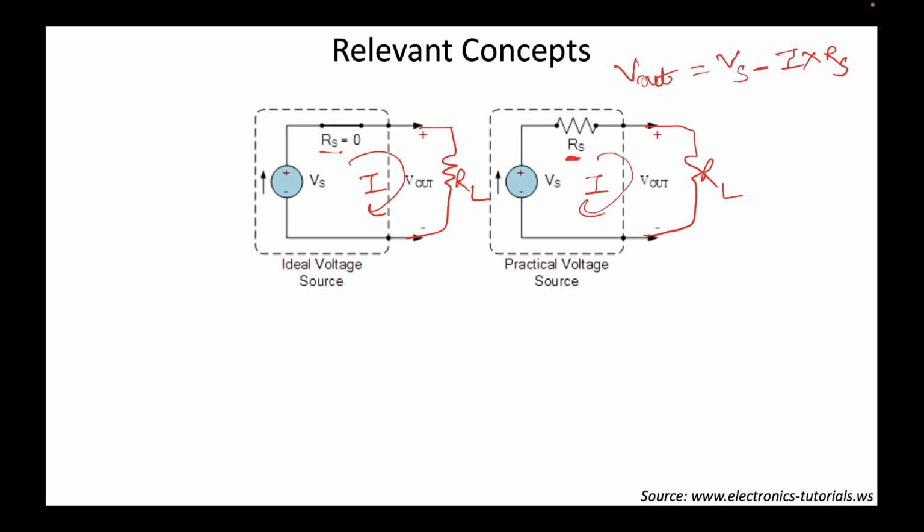Now, since a non-ideal voltage source has some finite source resistance Rs, note that the voltage provided to the load is V out.